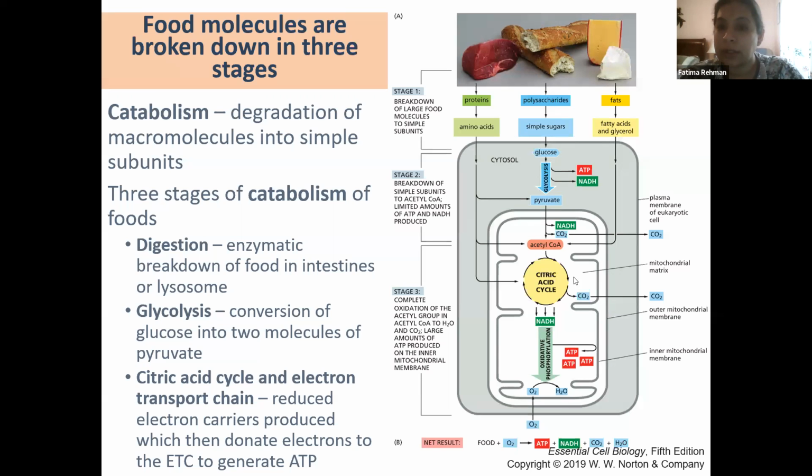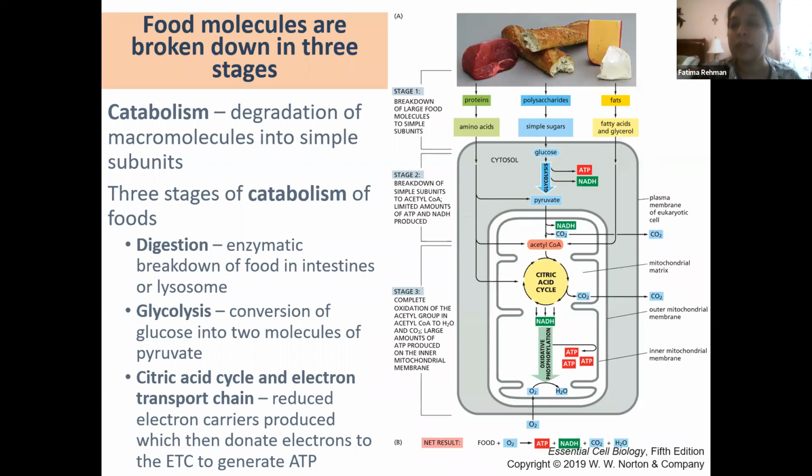They then get shuttled into the citric acid cycle, which is where a lot of these activated carriers come in to take some of the energy from the bonds as they're getting broken down. So in the citric acid cycle, you are going to have the pyruvate and the acetyl-CoA molecules getting broken down and then remade in order to provide reduced electron carriers with extra energy from these electrons.